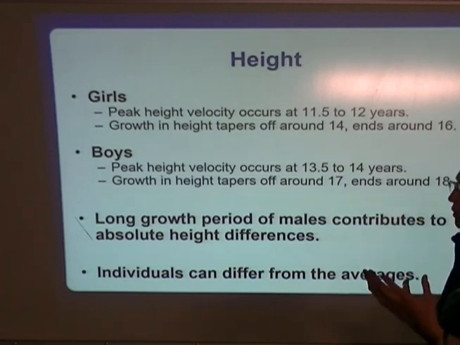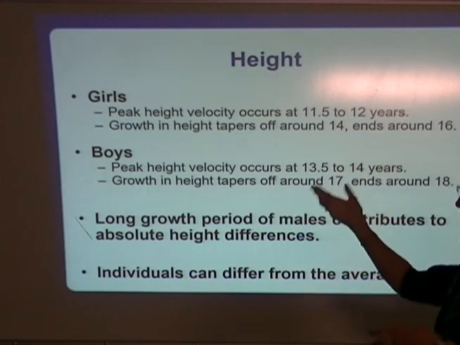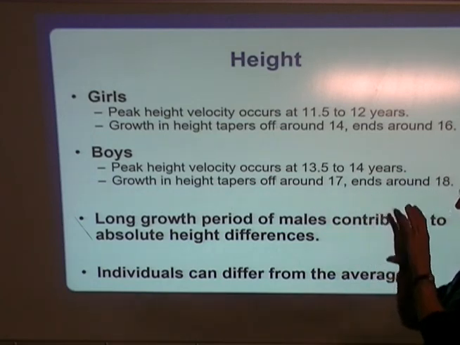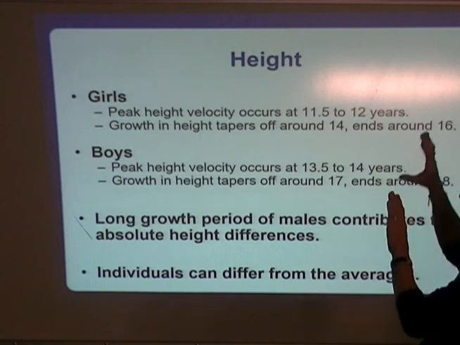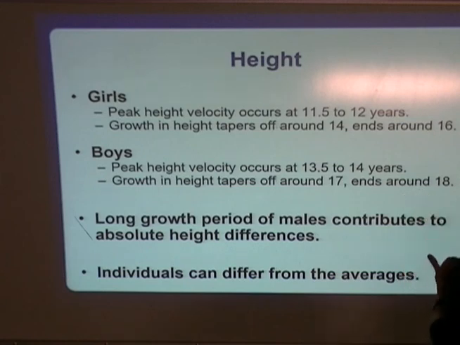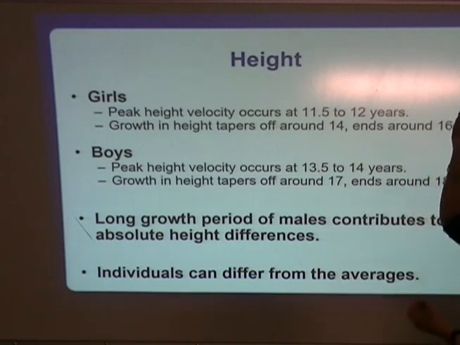Now, you get people that do different things, right? We get kids start puberty at 8, or we get girls that don't start puberty until they're 14 or 15, right? But the typical pattern is somewhere around 10, 11 for starting, and then around 16 for stopping, okay? So during that age range, then, for a girl, her peak height velocity, so this is the point in time when her skeleton is growing the fastest, okay?